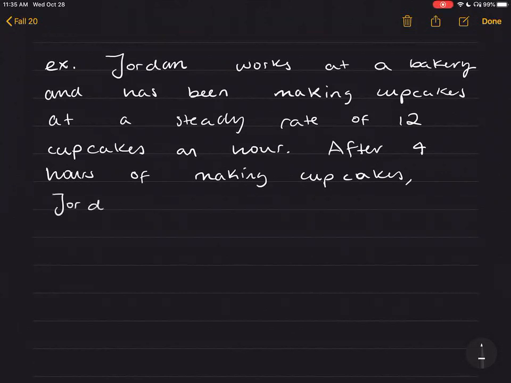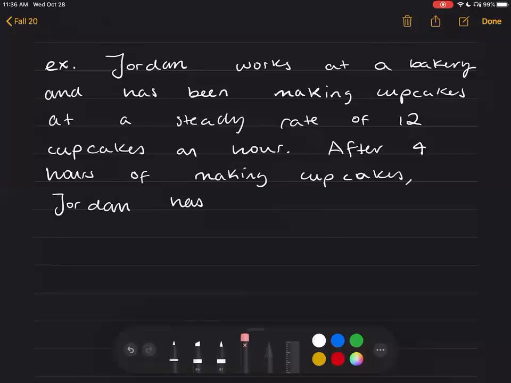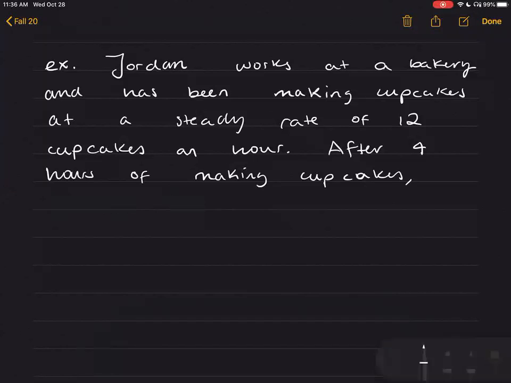Jordan has, actually, let's phrase it this way. The bakery now has 58 cupcakes.